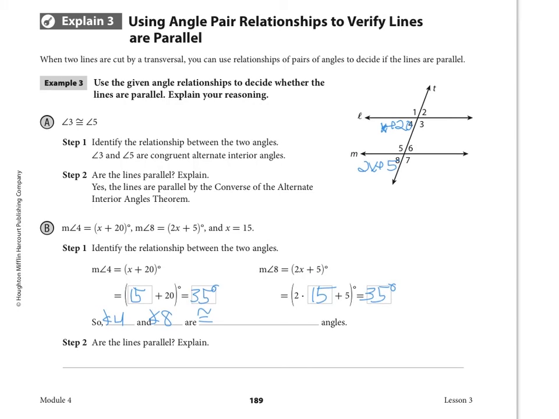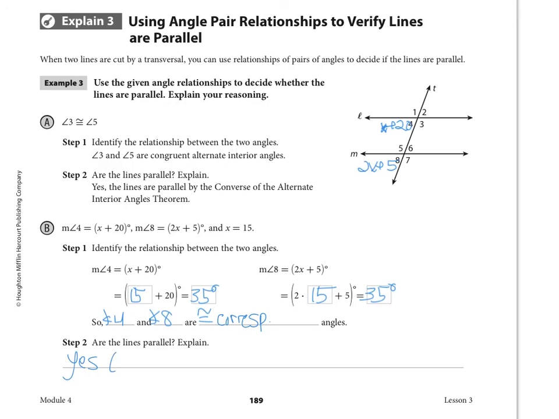What's their name? This is the southwest and southwest corner of each cluster of angles, so those are compass points. Compass points are corresponding. They are congruent, corresponding angles. So are the lines parallel? Yes, of course they are.